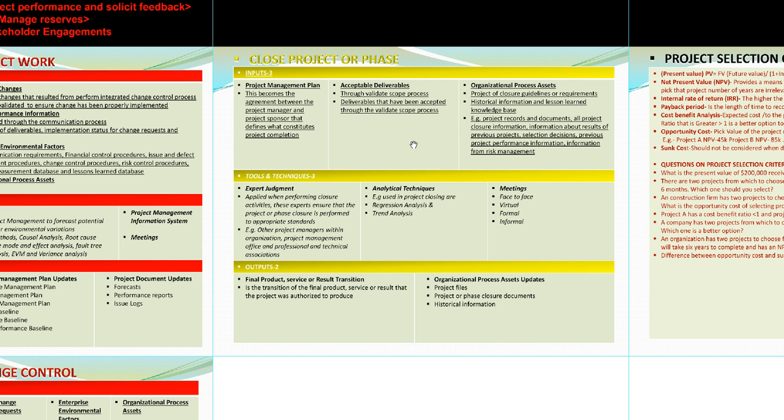So whenever a project is closed, I do update my company files. I do work with the closure documents. I have to get signed from the client saying that, hey, we approved your deliverable, and everything looks good and we're good to go. So we have to make sure we follow all the process related to close project management to make sure that everything is done on time and everything is done the correct way.